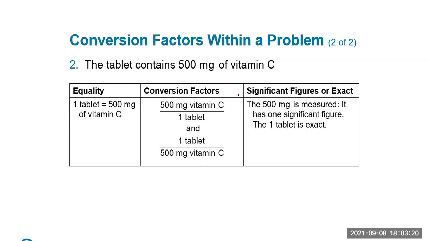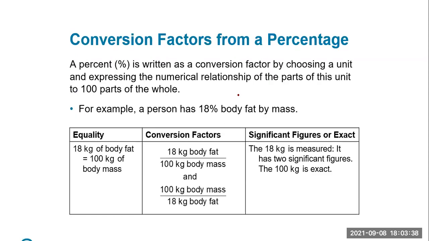So I know I said as we go from English to metric, we'll think of those as exact numbers. The one thing where we will still consider the significant figures in a conversion factor is one that's derived from a problem such as this. So here we would want to look at the 500 milligrams, and it does have obviously one significant figure.